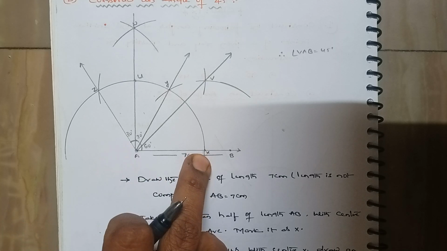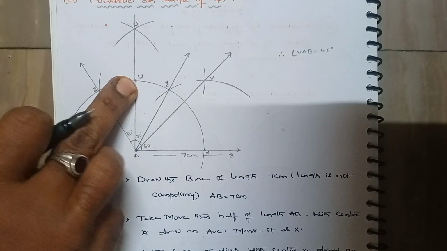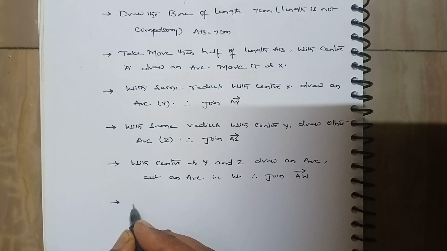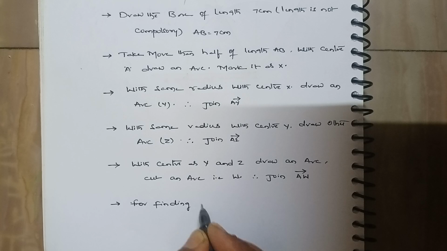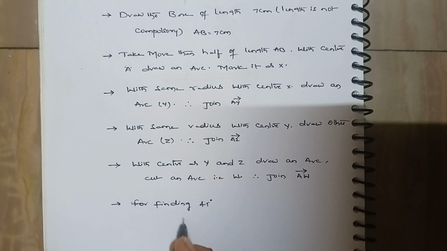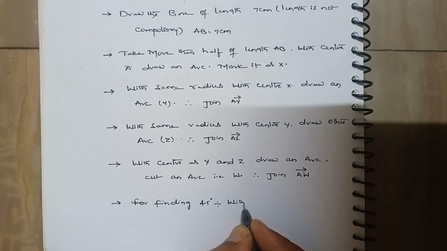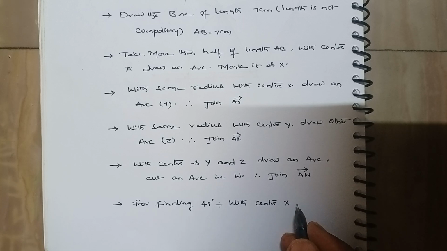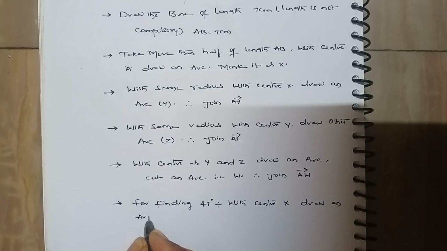Now, with center X, draw an arc. With center U, cut an arc. For finding 45 degrees, students, with center X, draw an arc.